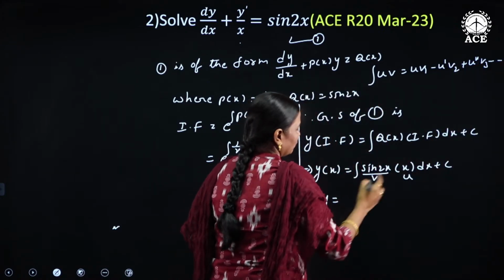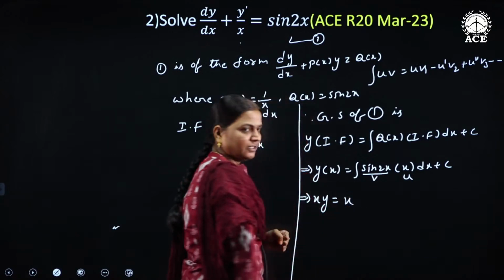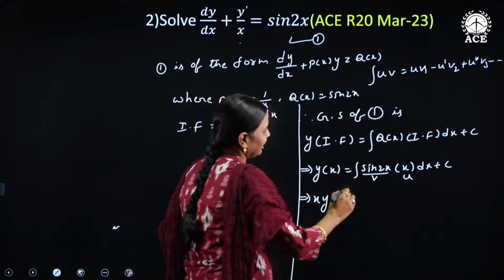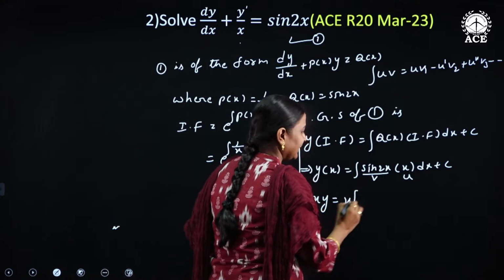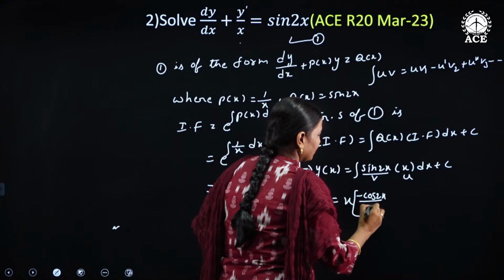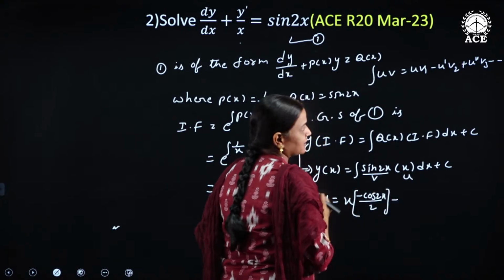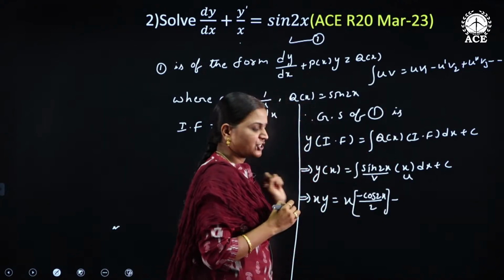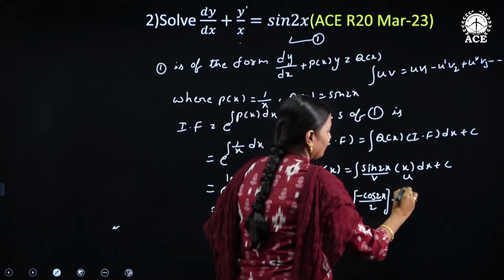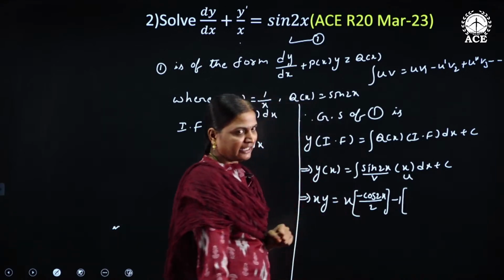What is u? x. v1 is the integration of sin 2x, which is minus cos 2x by 2. Minus u dash, the differentiation of x, which is 1.